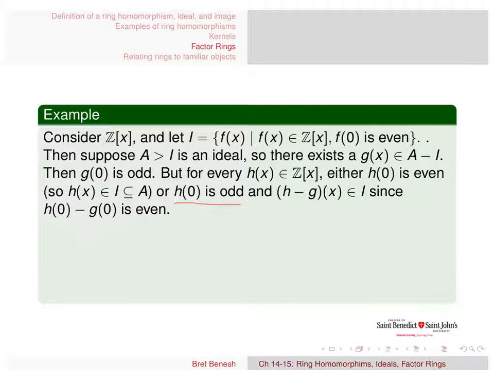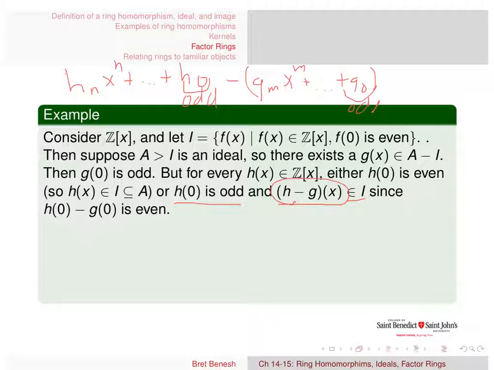Or if it's odd, then h minus g is going to be in I. Because if you subtract them, h is going to be h_n x^n plus da-da-da, plus h_0, which we know is odd. If I subtract g, which is g_m x^m plus da-da-da, plus g_0, and that's odd.